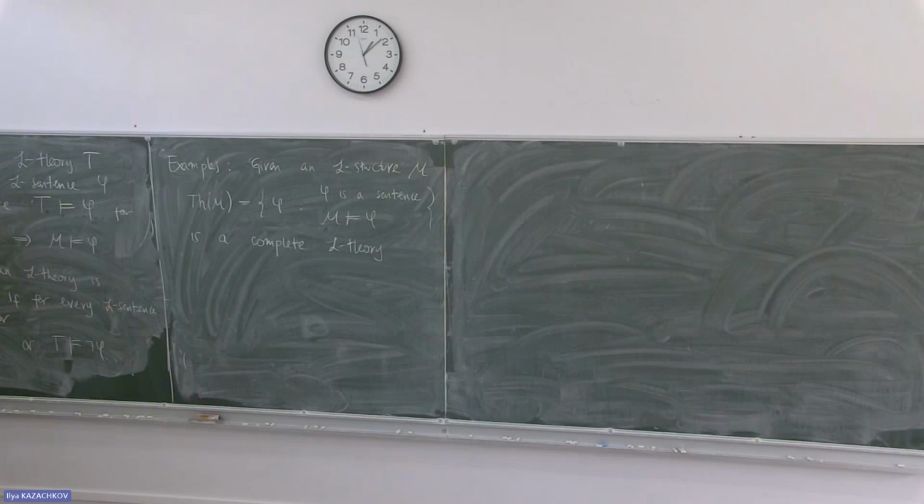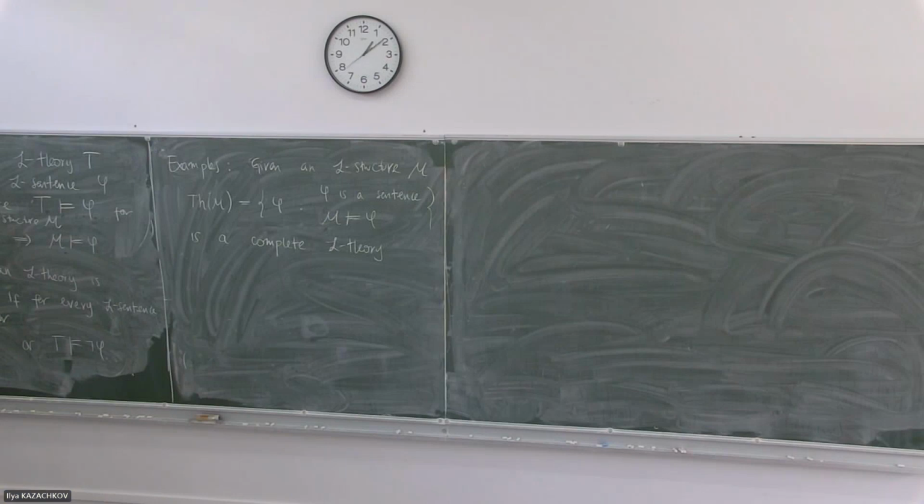But in this first definition, must this be true for some specific structure or for all structures? For every M. For every L-structure M, this implication must hold. The second one, I don't need any L-structure, because what I'm saying is that I fix one sentence and either this or this must hold.